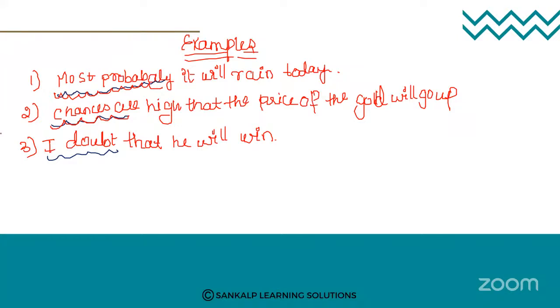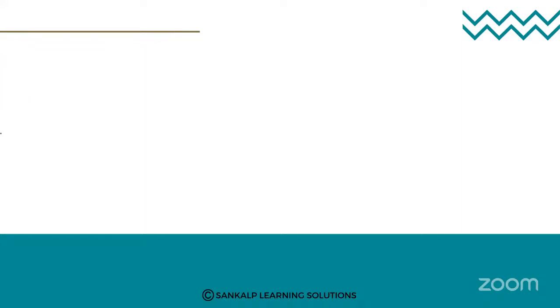In probability, in the last year also we learned about it. Now we are going to see some certain words or terms regarding probability. Which terms are we going to observe in probability?